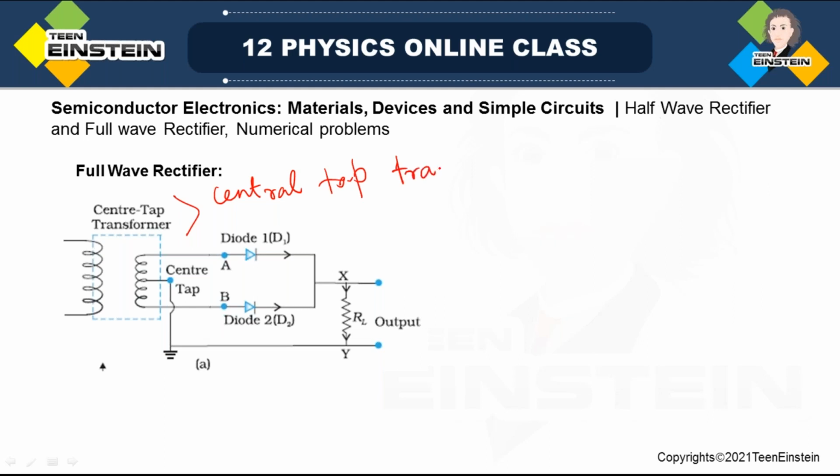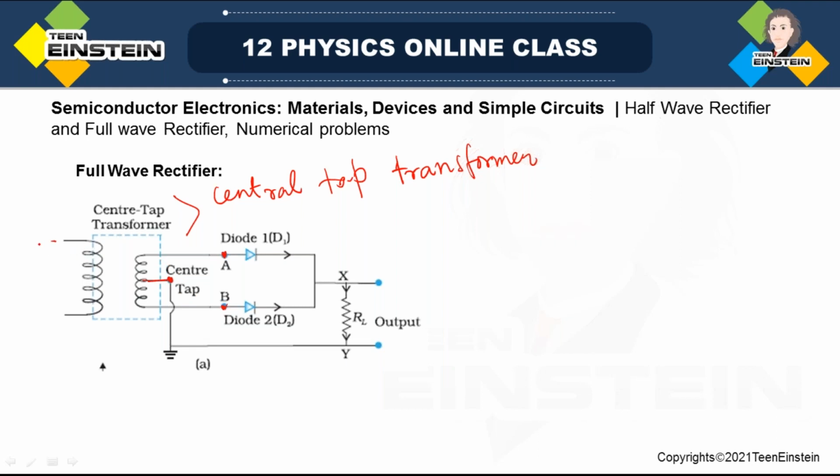In the half wave rectifier, we used an ordinary transformer, but in this case we need a center tap transformer. What does that mean? It has three terminals, that means three ends. It has end A, end B, and the center tap has another terminal. That's all. This is a center tap transformer.